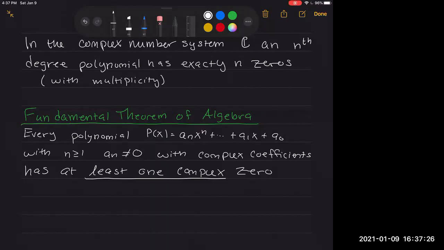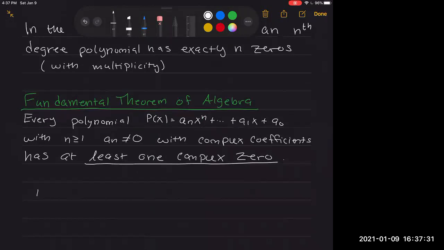At least one complex zero. That's the most important part. And we can remember that a equals a plus 0i when a is a real number. So this is a complex number. That's an important thing to remember.